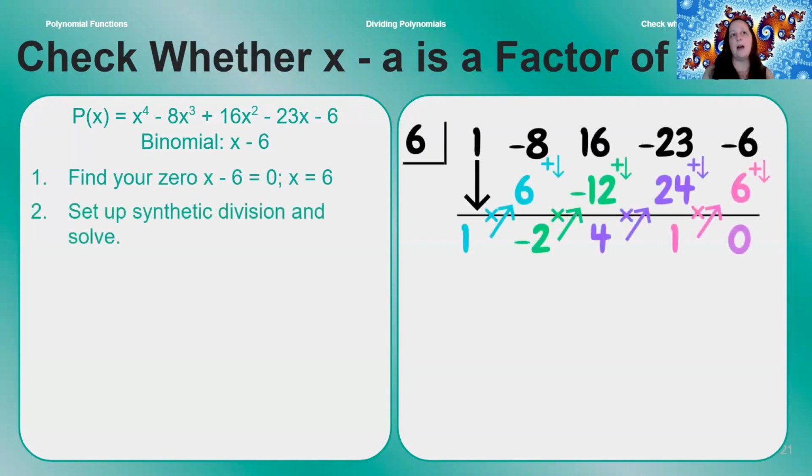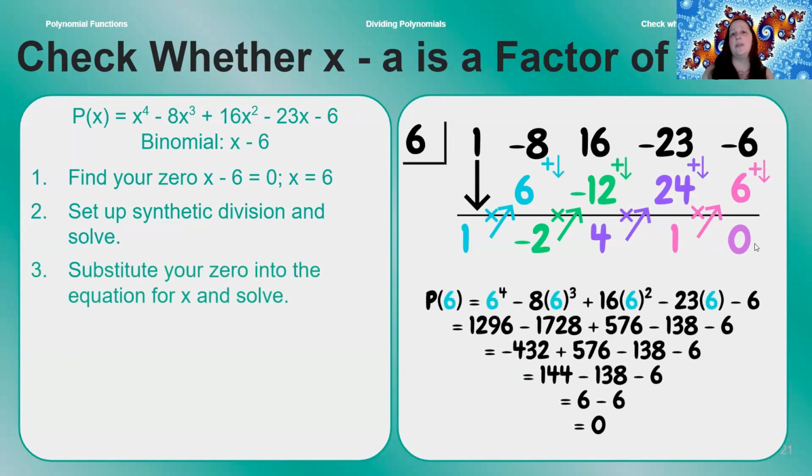And then I can set up synthetic division and solve. I have my coefficients of 1, -8, 16, -23, and -6. I bring down my 1. 1 times 6 is 6, plus -8 gives me -2. -2 times 6 is -12, plus 16 gives me 4. 4 times 6 is 24. 24 plus -23 is 1. 1 times 6 is 6, plus -6 is 0.